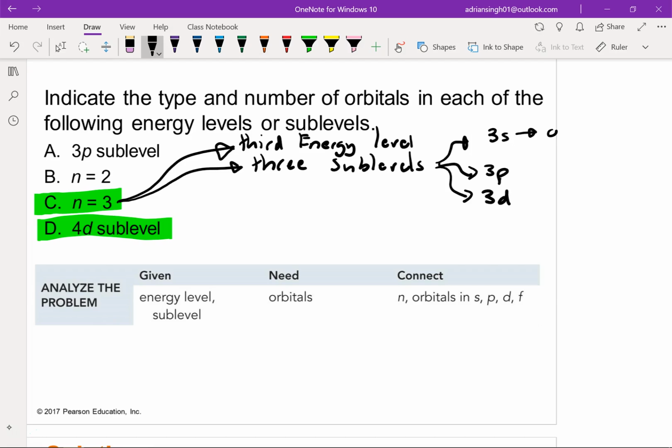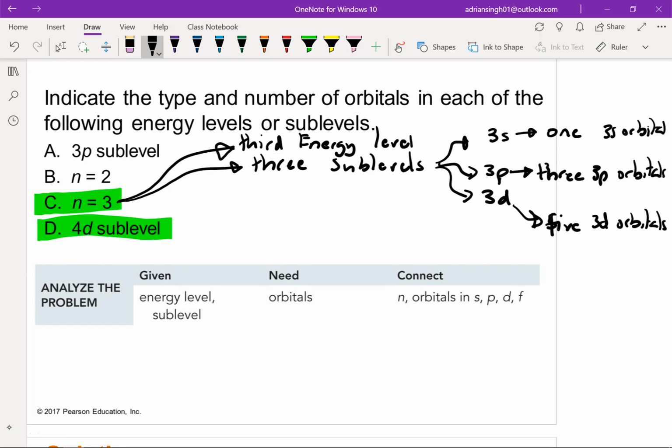The 3s sublevel, like all the s sublevels, will have 1 orbital, the 3s orbital. The 3p sublevel is going to have 3 3p orbitals. And the 3d, like all the d sublevels, will have 5 3d orbitals.